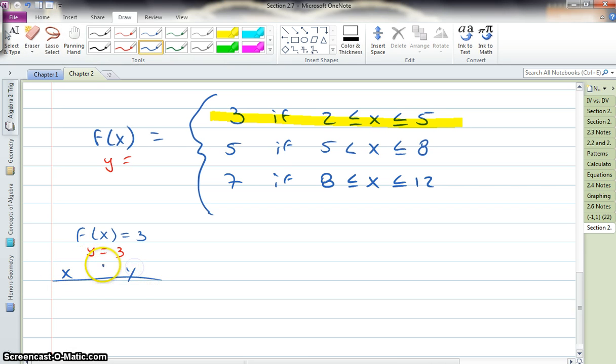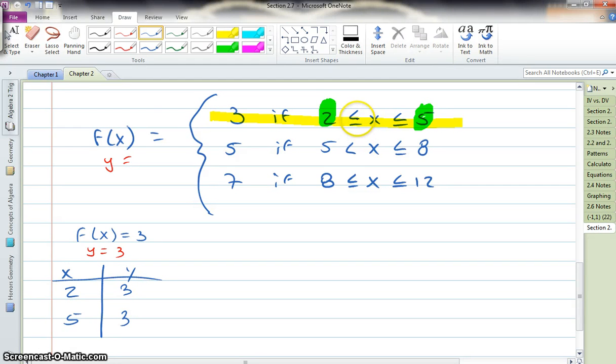Now, with the step functions, I'm only going to choose 2 points. All right, and I'm going to choose my 2 endpoints. I'm going to choose 2 and 5. So when x is 2 and when x is 5, well, y equals 3, so in either case it's going to be 3. We have a horizontal line, basically, right? So no matter where we are on that line, y is always going to be 3, no matter what our x value is.